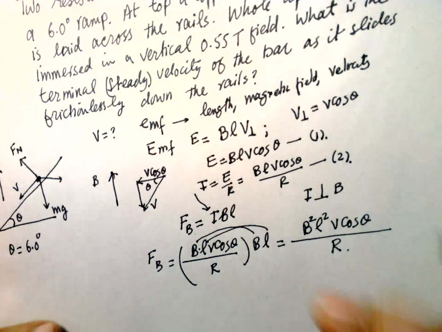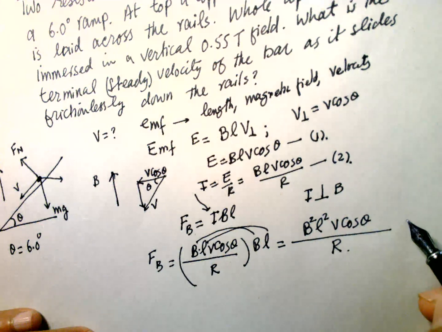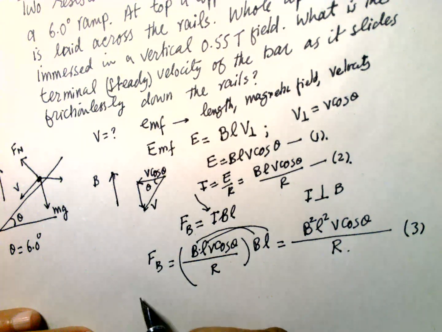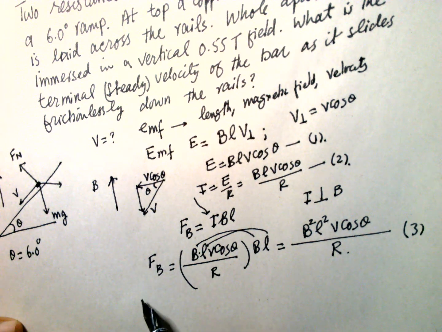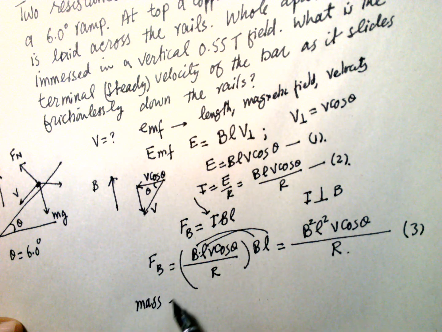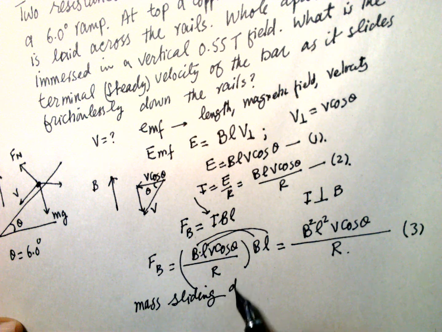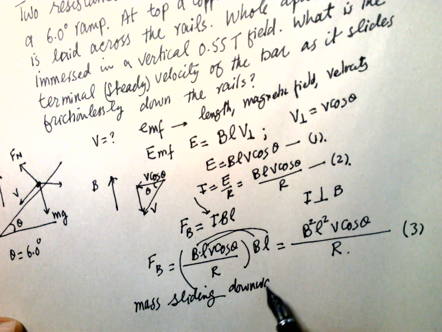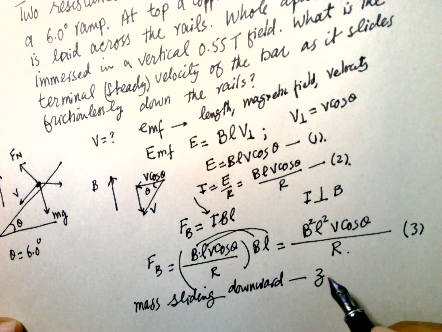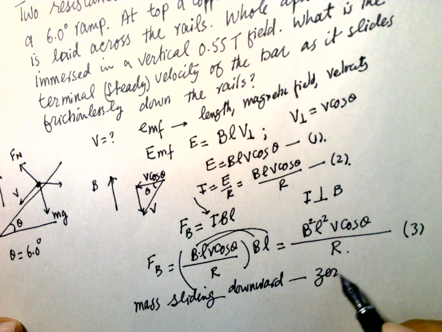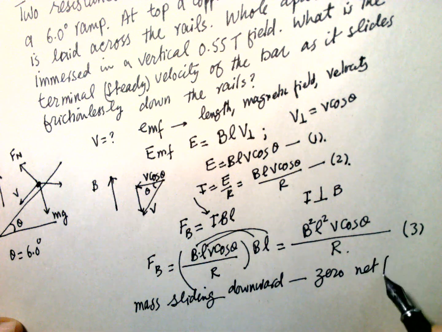Now this is equation 3. The mass is sliding downward, and the net force is 0.